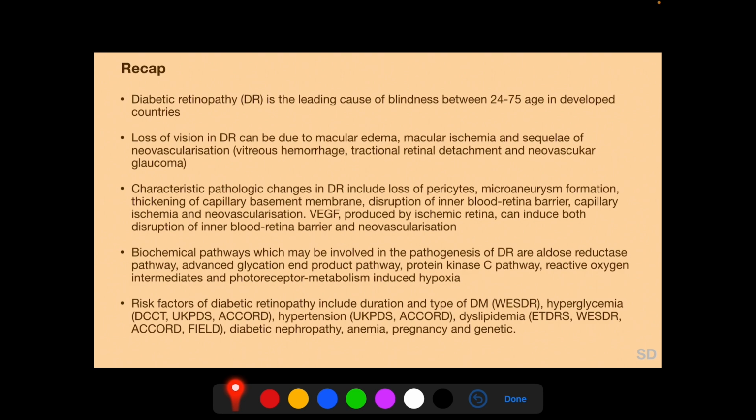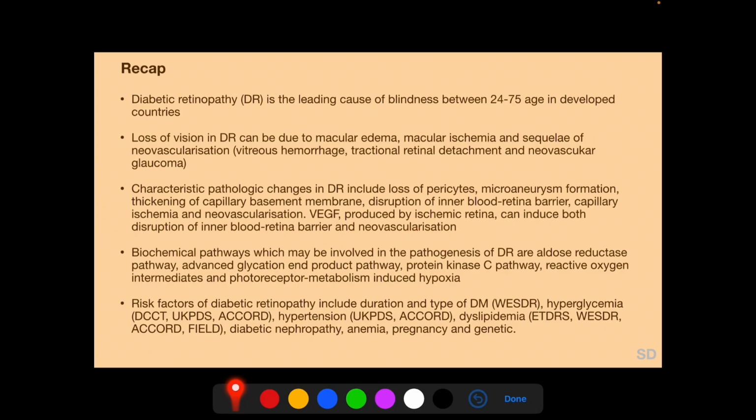Characteristic pathologic changes in diabetic retinopathy include loss of pericytes, microaneurysm formation, thickening of capillary basement membrane, disruption of inner blood-retina barrier, capillary ischemia, and neovascularization. VEGF produced by ischemic retina can induce both disruption of the inner blood-retina barrier and neovascularization.